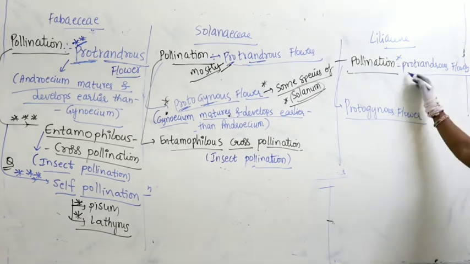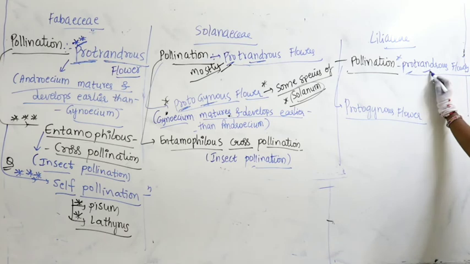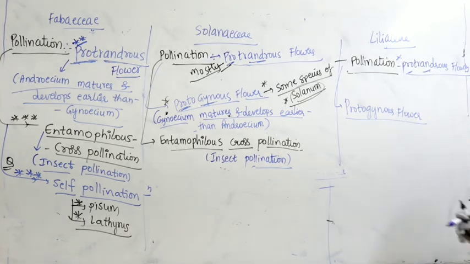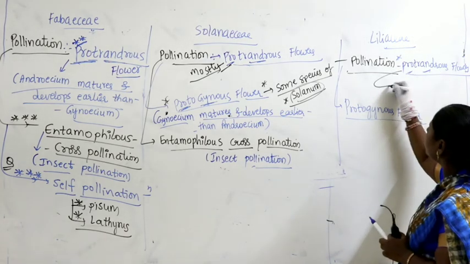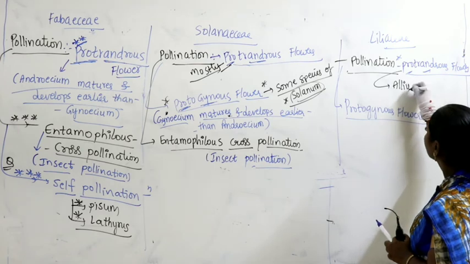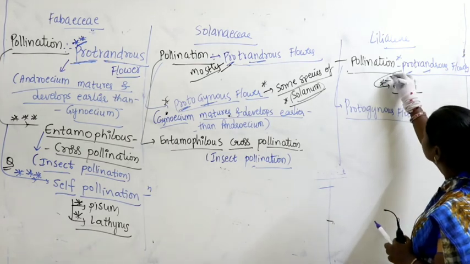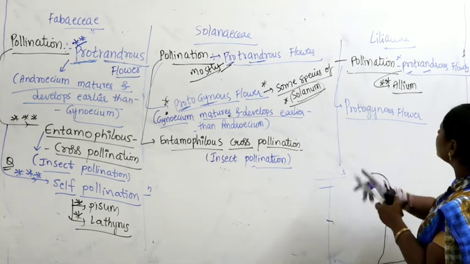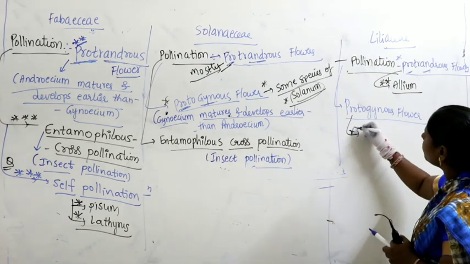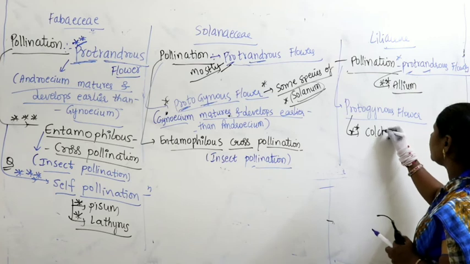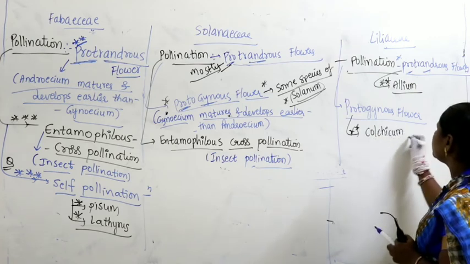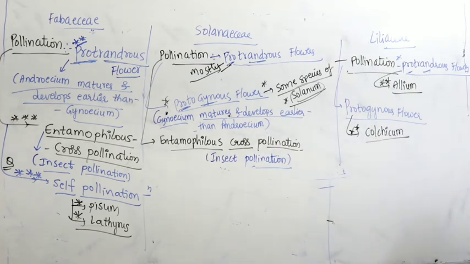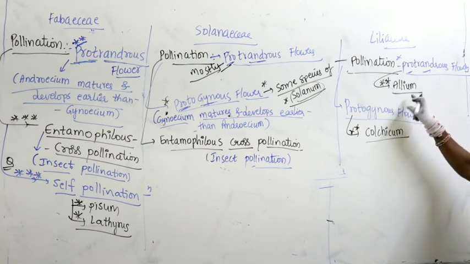As we discussed, proto means first; androecium matures earlier than gynoecium, protandrous flower. Protandrous flower we find in case of Allium. Protogynous condition we find in case of Colchicum. Try to remember these two examples.